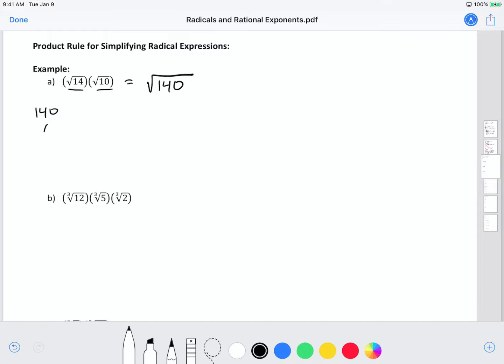So 140 can be written as 2 times 70. 70 can be written as 2 times 35. And 35 can be written as 5 times 7. So my factorization for 140 is 2 times 2 times 5 times 7.